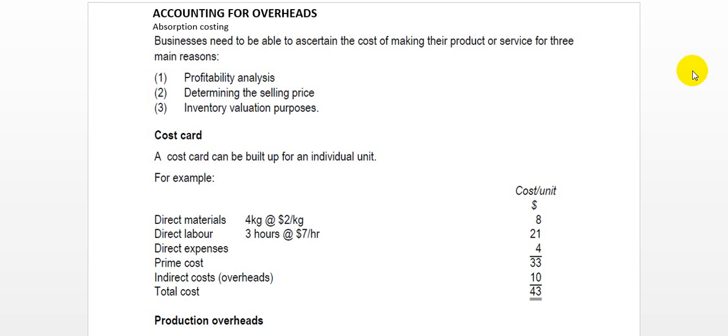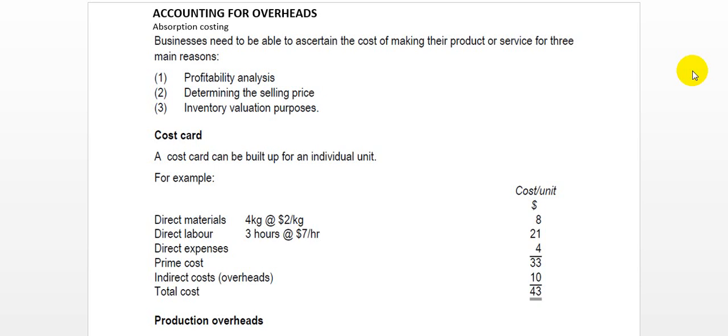For example, you may need 3 hours to make a product, and each hour is costing you $7. So it means to make that product you need how much labor cost? 7 times 3 is 21.